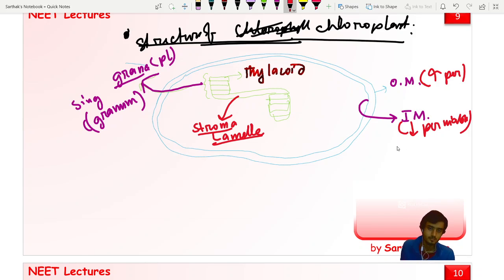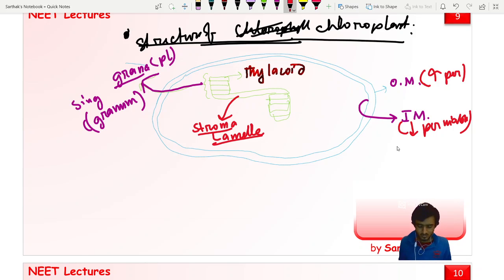And in the chloroplast there is a sac-like structure which is called thylakoid, and a stack of thylakoids is known as grana, and two grana are linked together by a common connector which is known as stroma lamellae.